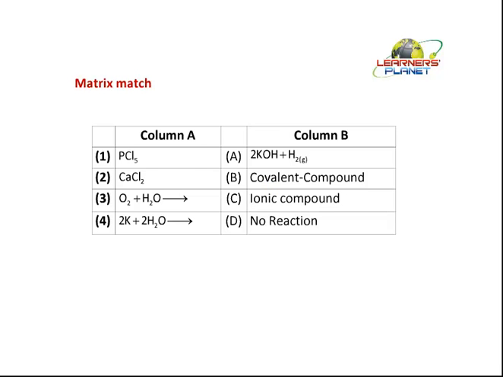It would be B. Now what is the second one? It is calcium chloride. Again your calcium is what? It is a metal. And chlorine is a non-metal. So the bond formed between a metal and a non-metal is an ionic bond. So the answer would be C.